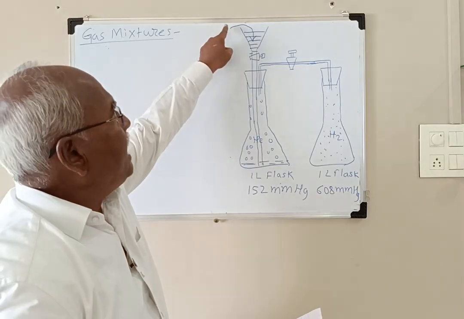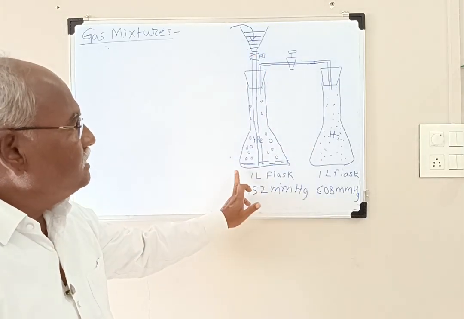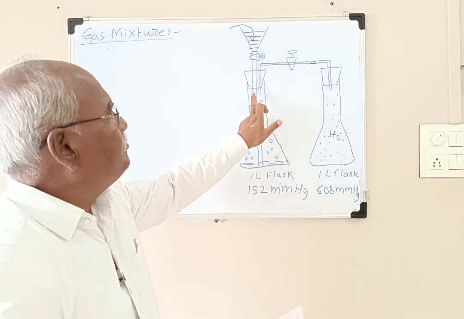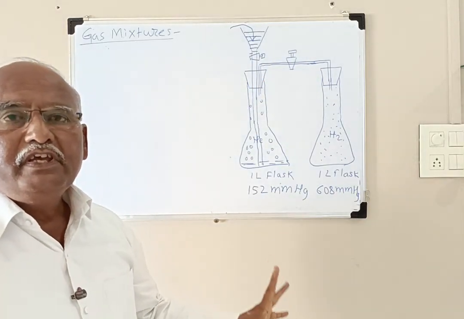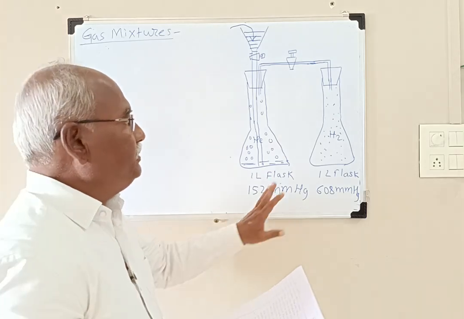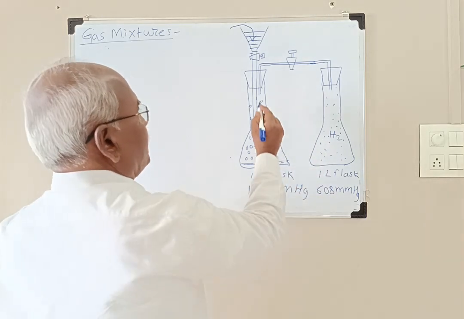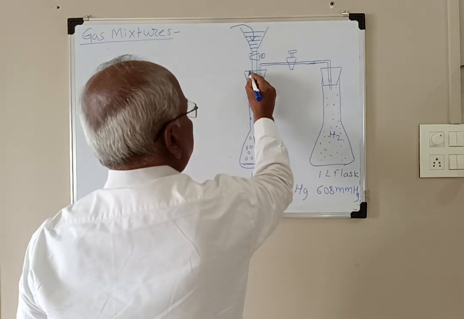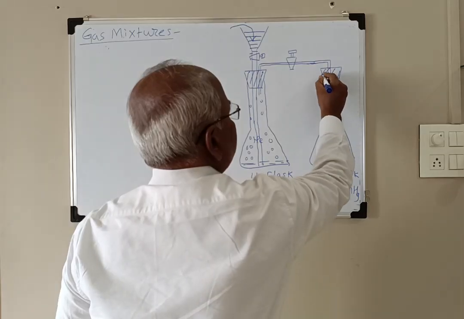Continue adding mineral oil till it is completely filled and all helium has entered the other flask. This is a rubber cork, an airtight cork.